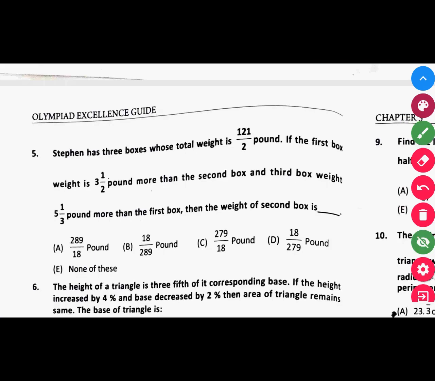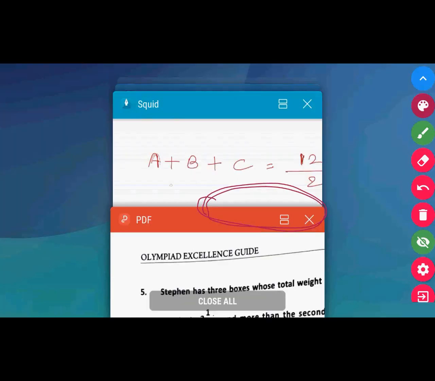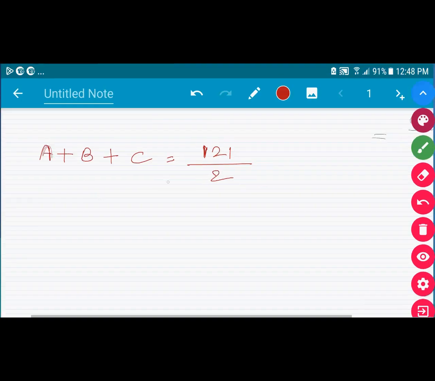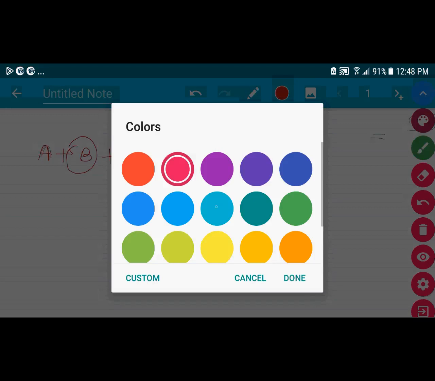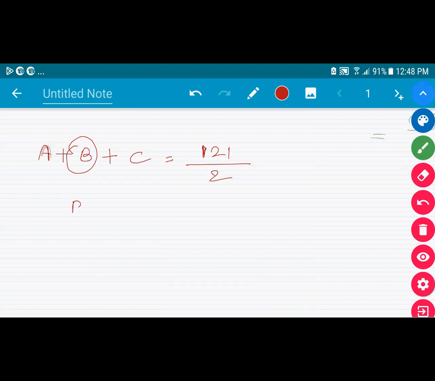Now see, what we have to calculate here is the weight of the second box. So we assume the weight of the second box as x. This is our second box. So let's assume the weight of the second box is, say, x pound.